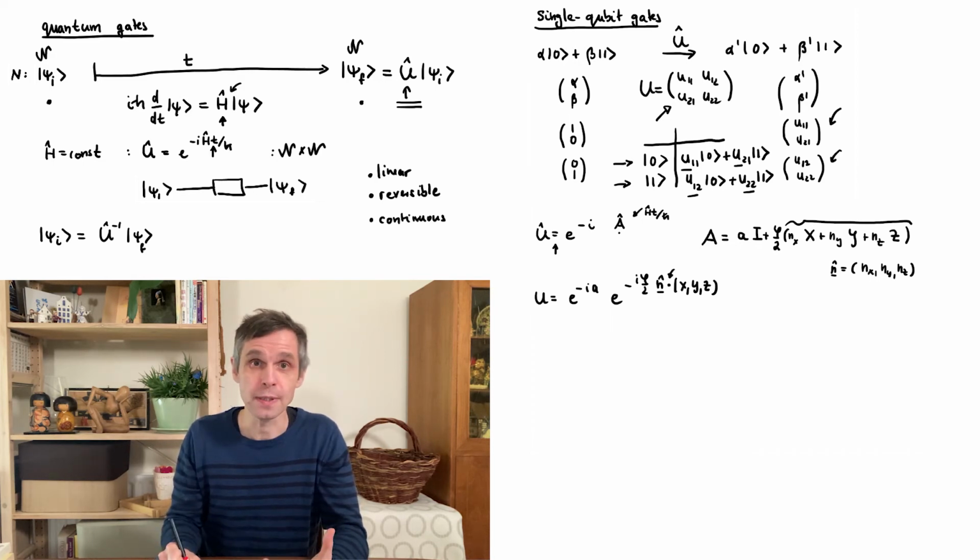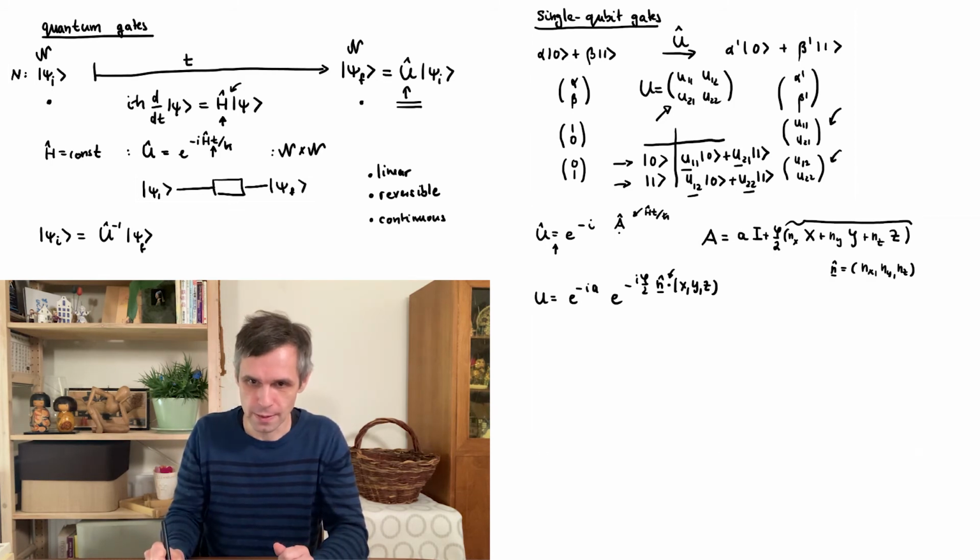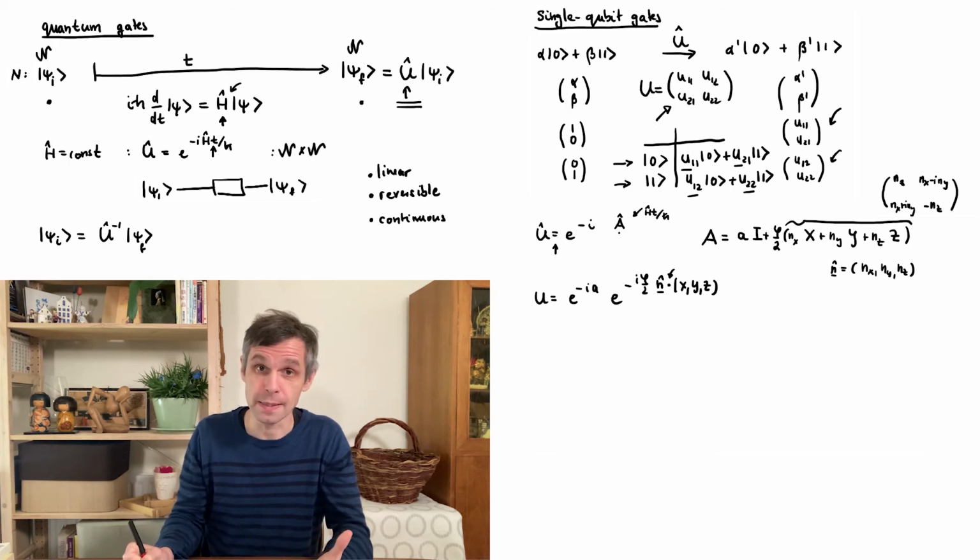Next, we are going to exploit that this combination indeed has one very nice mathematical feature, namely that it squares to the identity matrix. This can be seen in several ways, including by just writing this as a 2x2 matrix, which will look like this. And multiplying this matrix by itself.